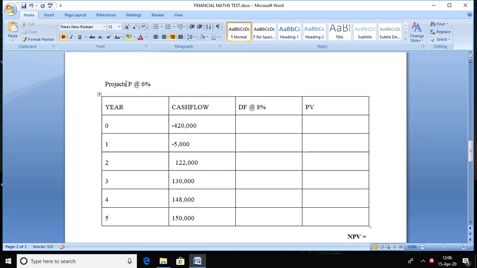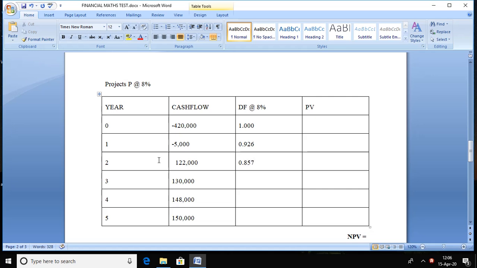So at 8%, what will be the DF? Go to the present value table and get the values at column 8%. You should have 0.926. The next one is 0.857.